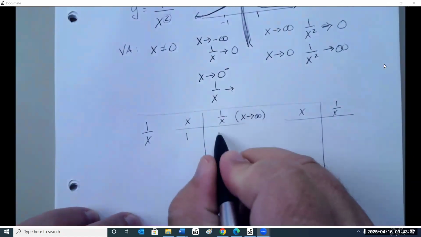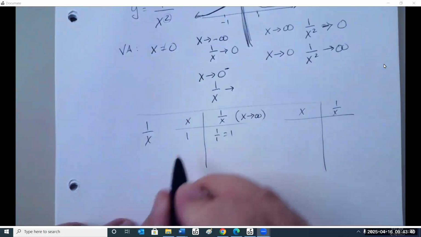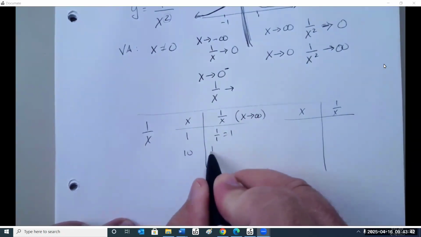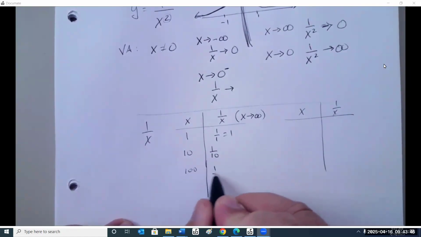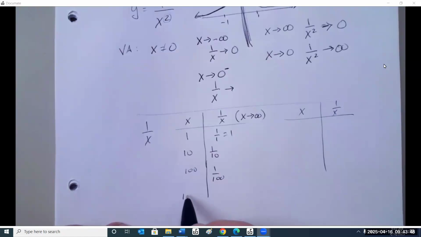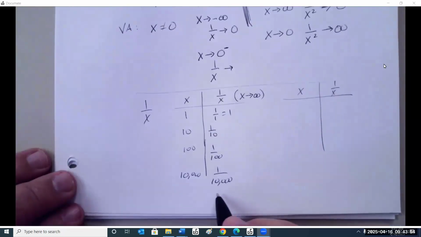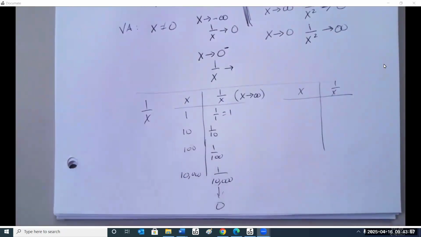So at 1, it's 1 over 1 equals 1. At 10, 1 over 10. At 100, it's 1 over 100. At 10,000, it's 1 over 10,000. So it gets smaller and smaller. Eventually, this number gets pretty close to 0. It gets that small.